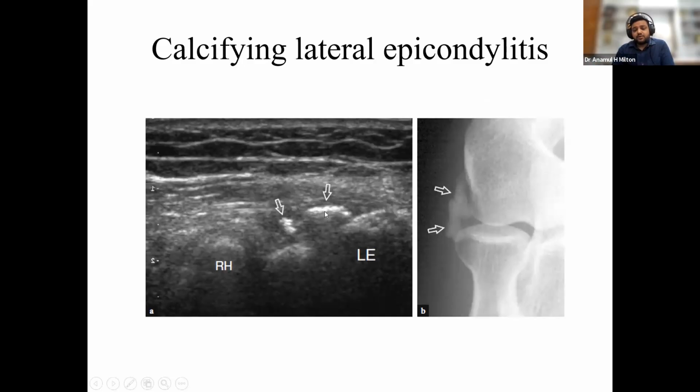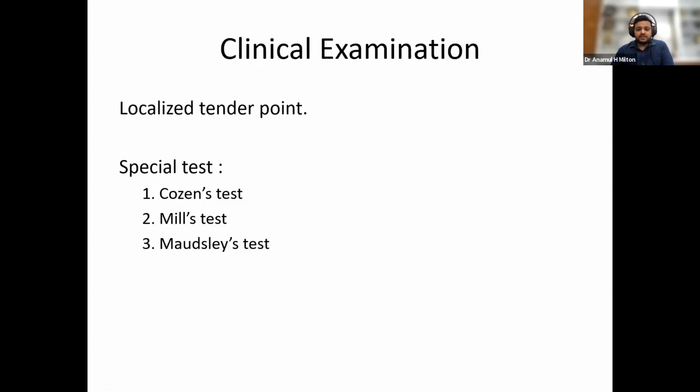Below this hyperechoic area it is almost anechoic, and you cannot see the slope of the epicondyle. In the X-ray, we can see a whitish collection corresponding with the ultrasound. So this is the calcification of the lateral epicondylitis.